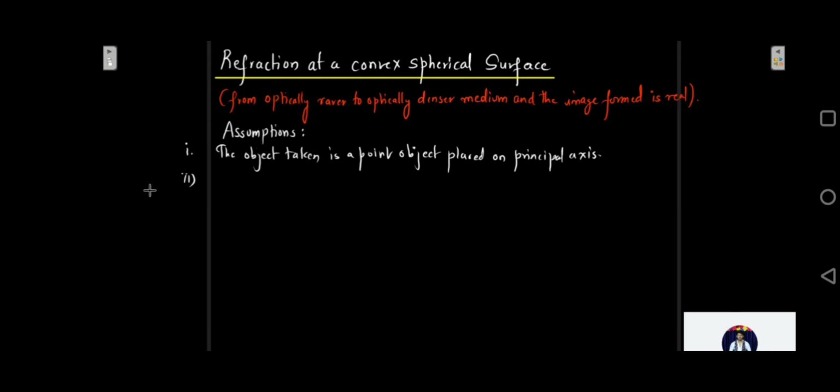The second assumption is that the aperture of the spherical refracting surface is small. And the third assumption is the incident and refracted rays make small angle with principal axis, so that the sine or tangent of the angles may be taken equal to the angles themselves.